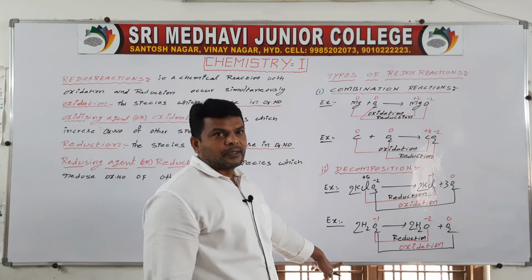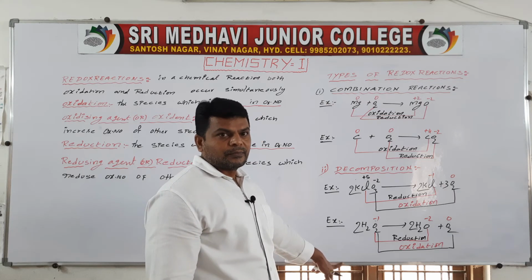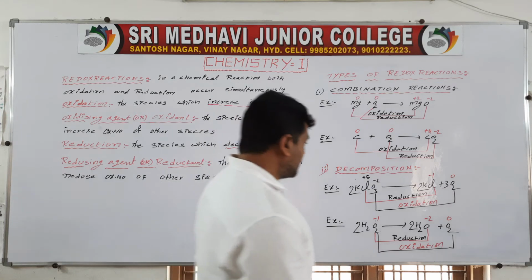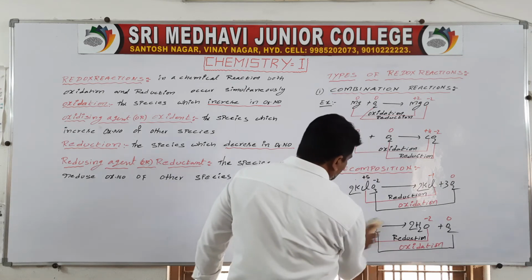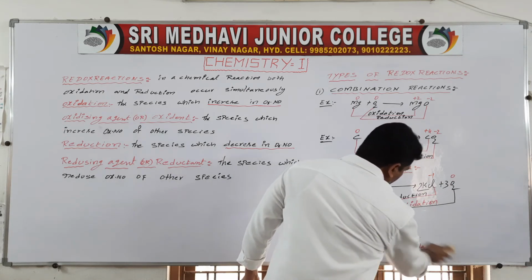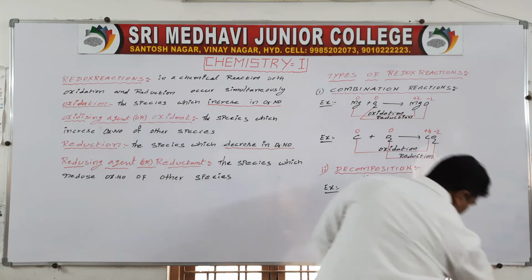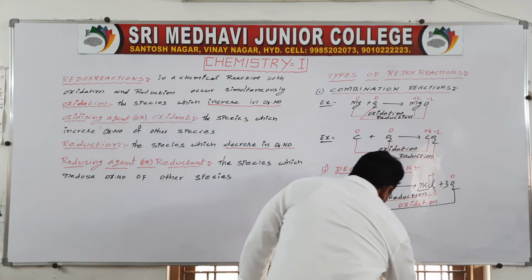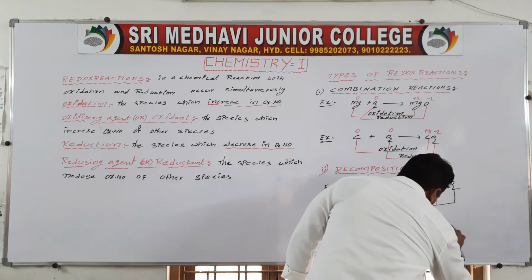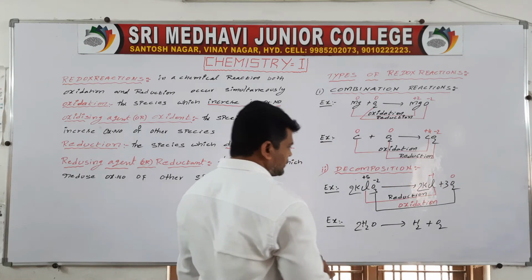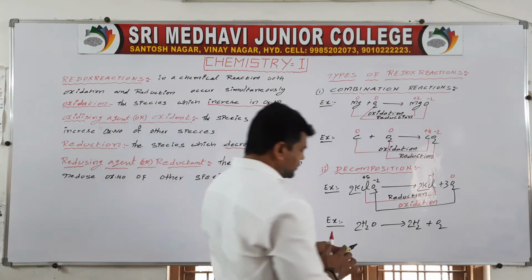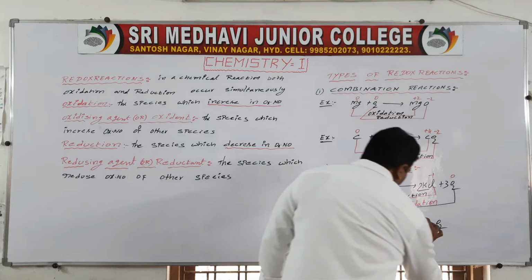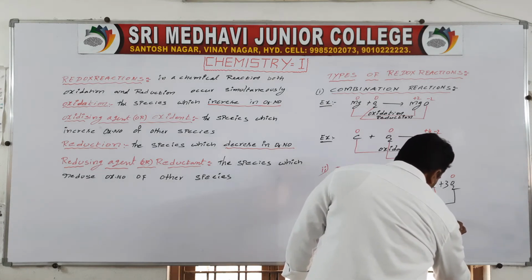H2O also gives H2 plus O2. If you take H2O, 2H2O gives rise to 2H2 plus O2. Here hydrogen oxidation number is +1, here oxygen -2, here hydrogen 0, here 0.